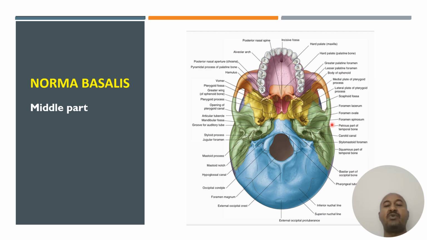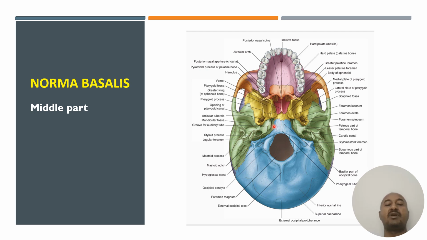We have the foramen ovale, which is found here, and here. Foramen ovale, the same foramen that we studied in the middle cranial fossa, and posterolateral to it, here, a very small opening, this is the foramen spinosum. Okay, and as you can see here, here and here, this is the foramen lacerum.